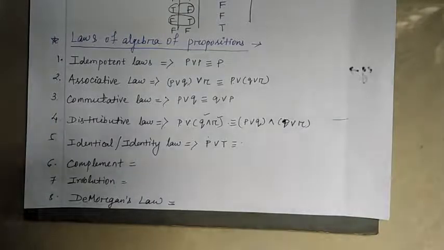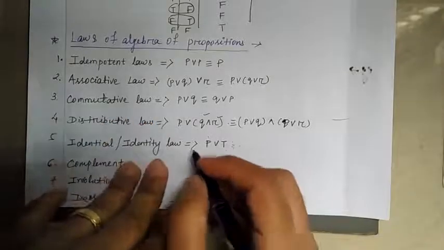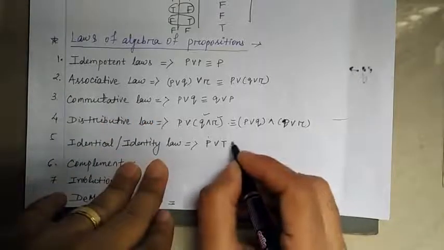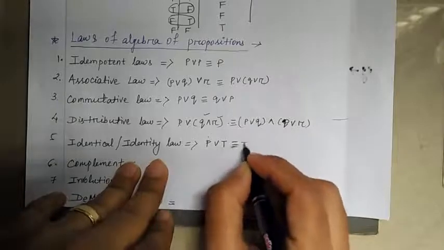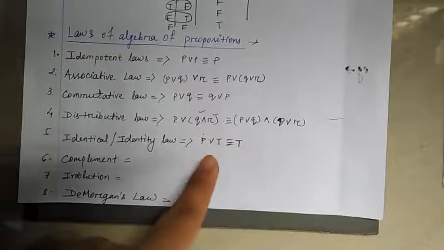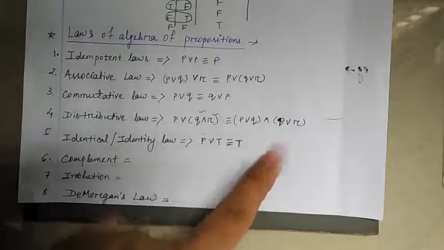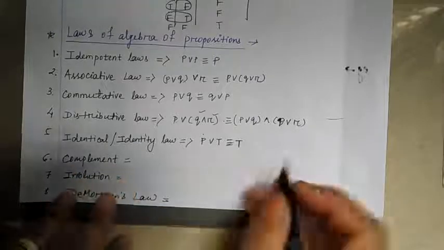So here you have P or T. If you take P, two types of values, and perform the operation with this, you must get the value as true here, because whether P value is true or false, if you perform OR operation with true, then you must get true values only.